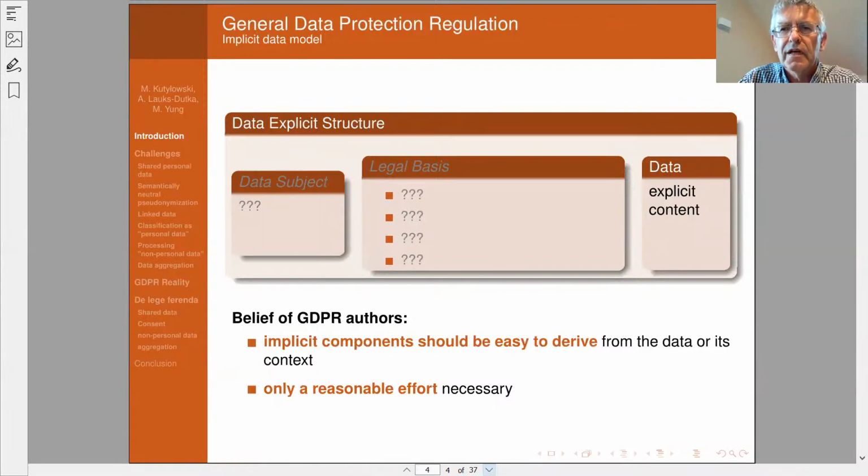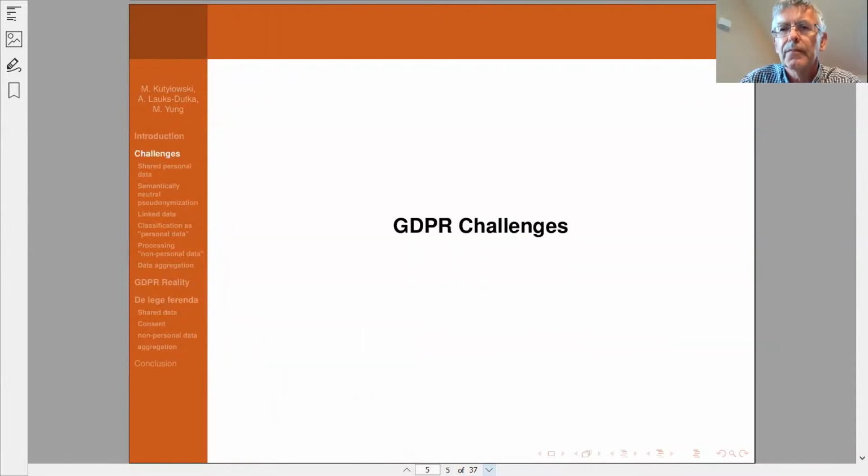So of course, the data is not written this way in an IT system. There is some explicit contents, and we have to derive the missing 2 parts, like legal basis and the data subject. And it is implicitly assumed that this process is simple and can be done automatically or in a semi-automatic way.